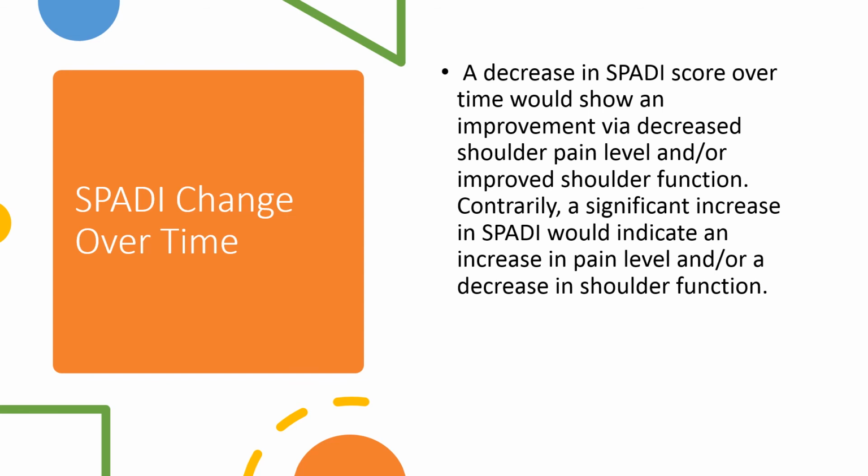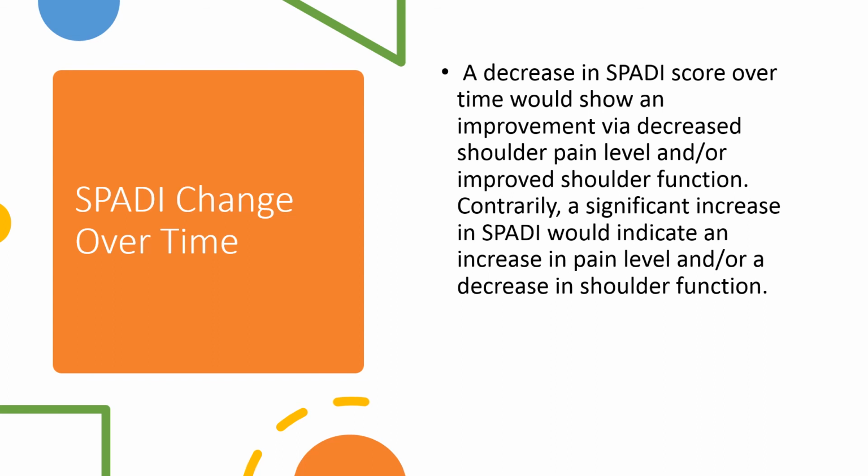So next we'll talk about how to interpret a change in SPADI score over time. Like we said earlier, the closer that score is to 0, the better, and the closer the score is to 100, the worse. So over time, if you saw a decrease in a patient's score, that would be a good thing.